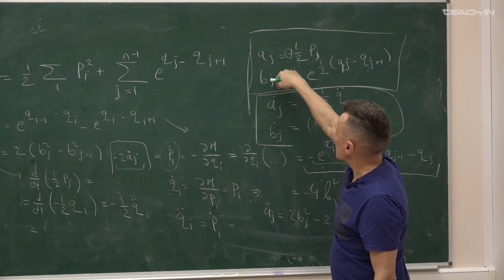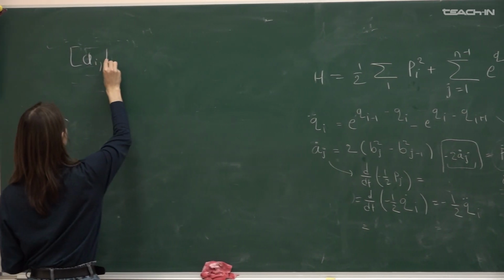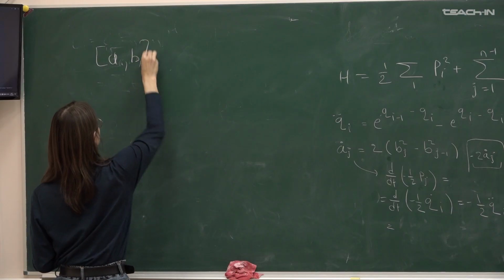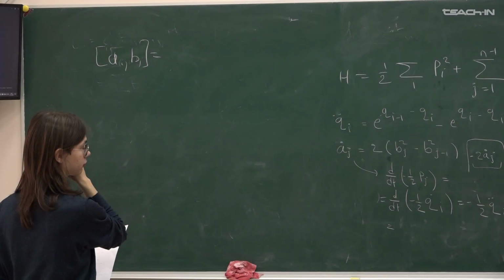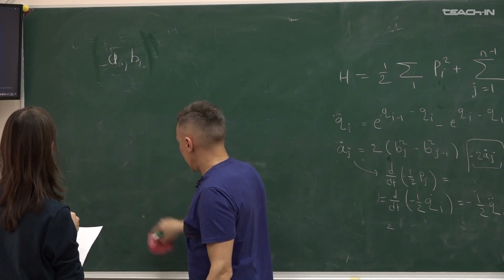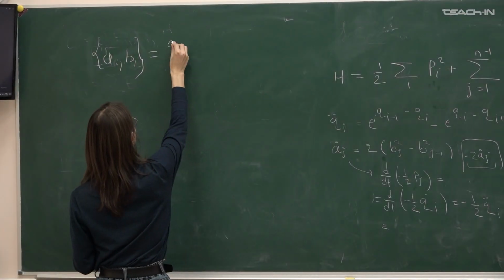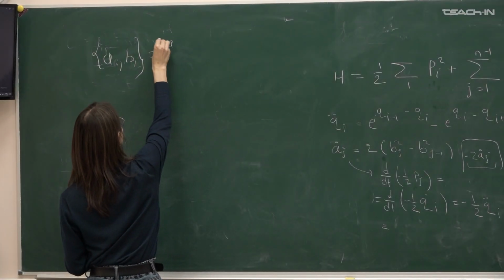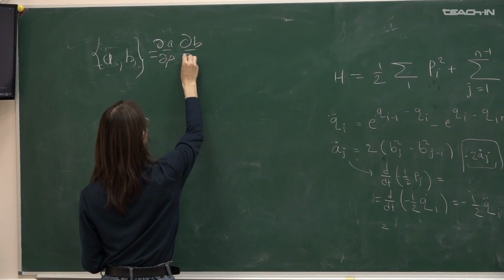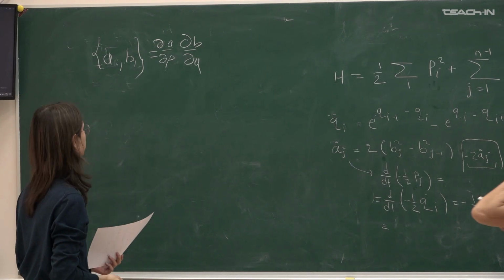But now we have to calculate the Poisson bracket in new coordinates, in A and B. Yes, but there is a sum.